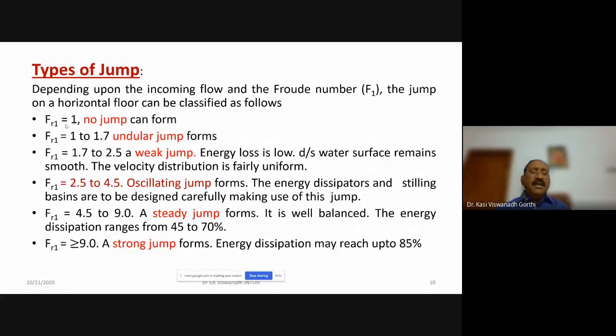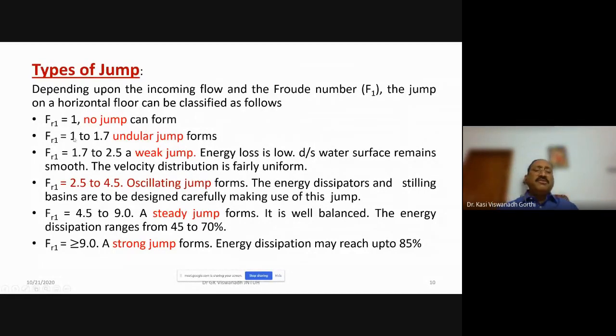As we know very well, the flows in channels are classified as subcritical, critical, and supercritical. If the Froude number is less than 1, it is subcritical flow, and there is no question of forming any jump, because for the hydraulic jump to form, there must be a change of flow state from supercritical to subcritical. If the Froude number is equal to 1, the flow is critical, and no jump can form.